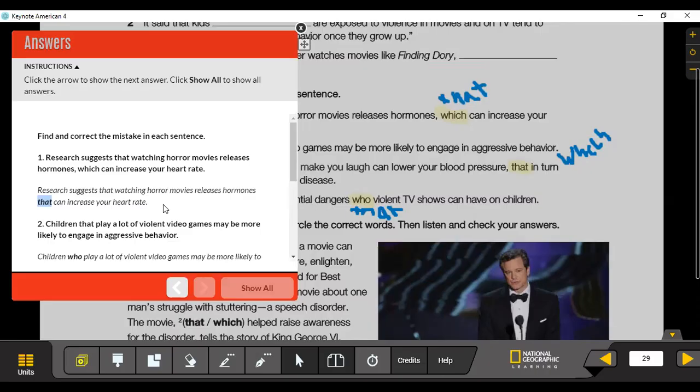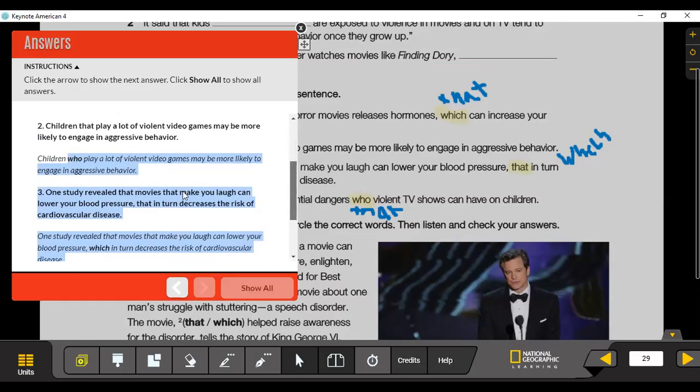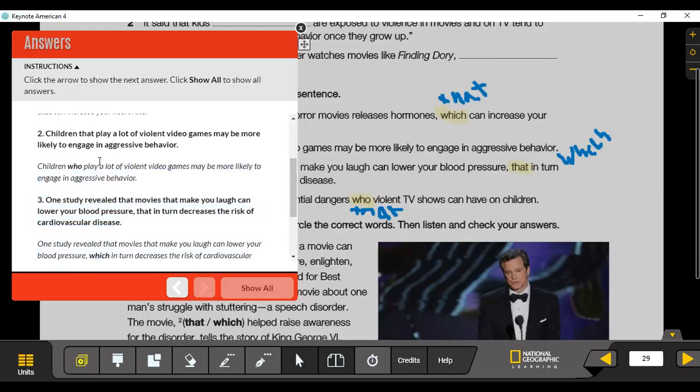Number two is children who play a lot of violent video games may be more likely to engage in aggressive behavior. So who is correct.